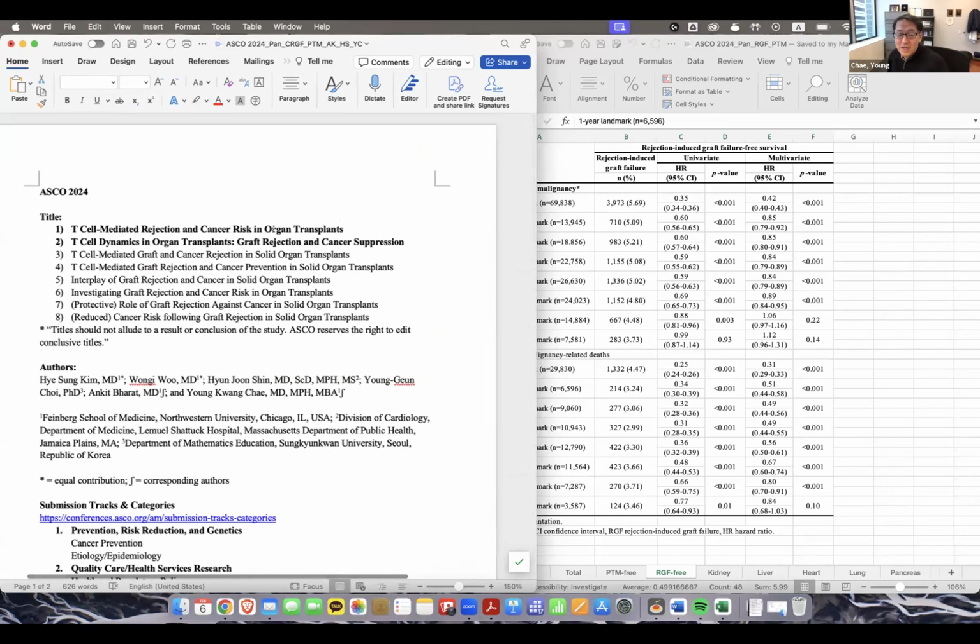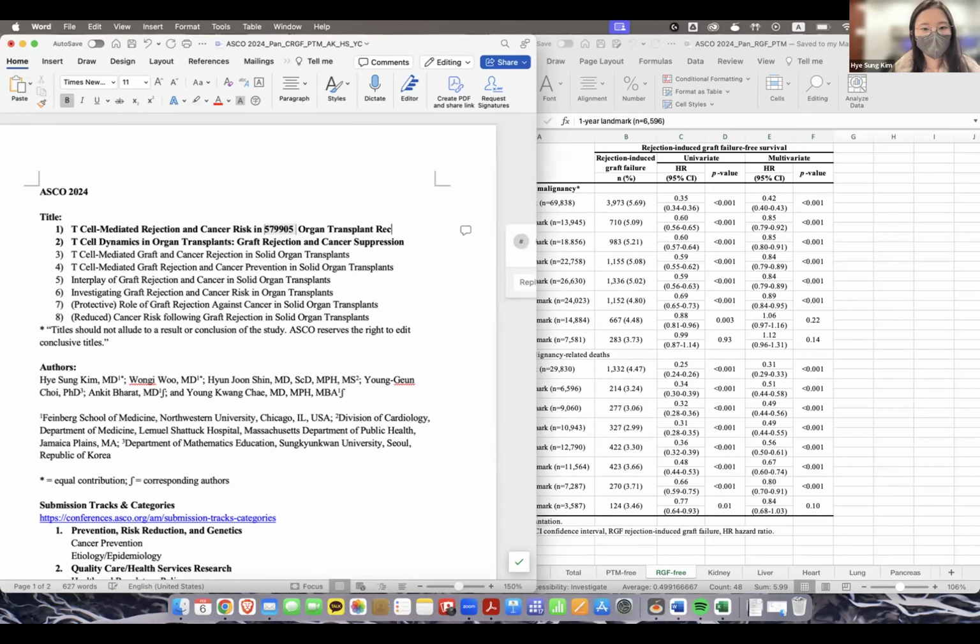But then it's not. So something like organ transplant recipients, if we have enough character count. And here you put the comma. Yeah, that just grabs attention. Like, how did you analyze that many patients? It just grabs attention.